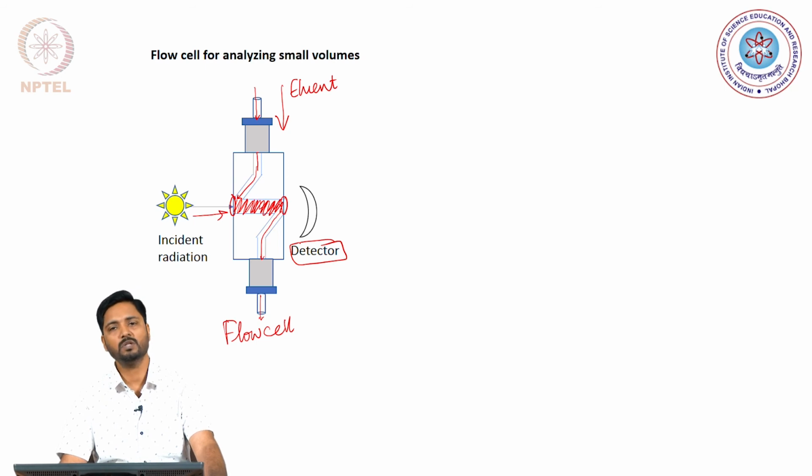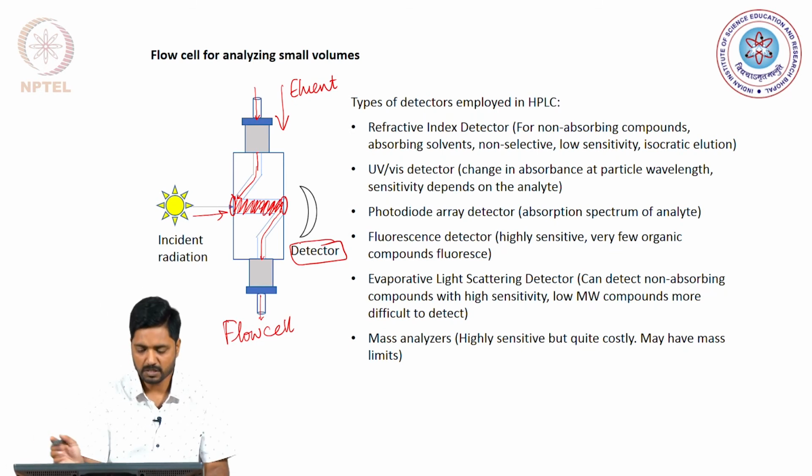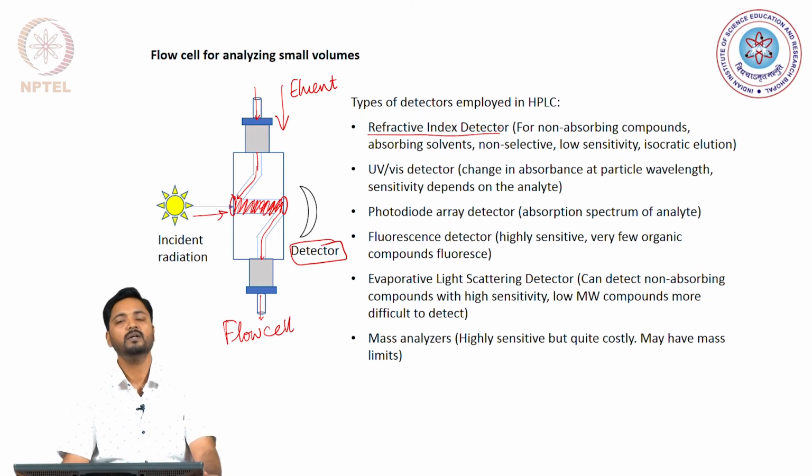Let us also look at what are the various detectors that are available to us in the high performance liquid chromatography. The first and foremost detector that was used was of course the refractive index detector, and in fact indeed even now people are using RI detector because it is a very versatile detector.